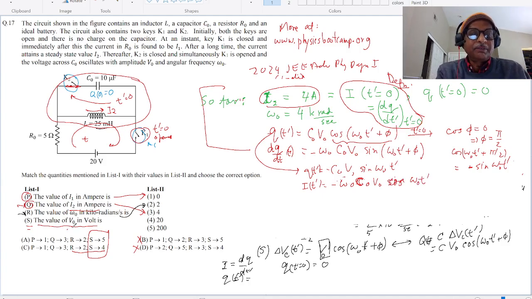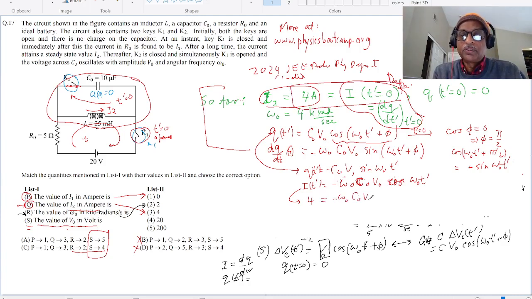and it's saying the value of, and so if I look at it, the second condition was that at t prime 0 it is 4 amp. So this is 4 amp equals minus omega 0 c0 v0 cosine of 0, which is 1. And this amplitude, we absorb this, make it a plus, just the amplitude part.